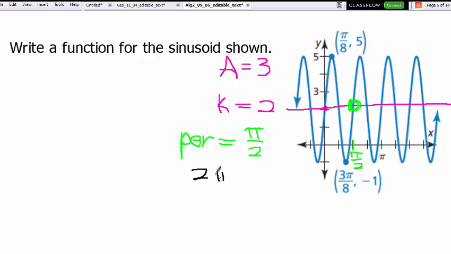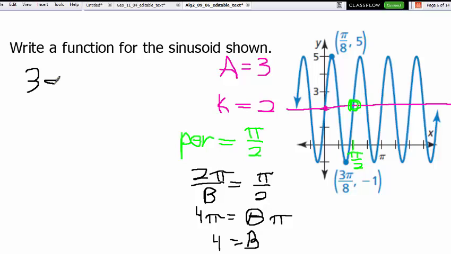So 2 pi divided by b is pi over 2. Cross multiply, I'm going to get 4 pi equals pi b, dividing both sides by pi, b is 4. So my equation is going to be 3 times the sine of 4 times the angle, and I just have k at the end, so +2. That's our first equation.